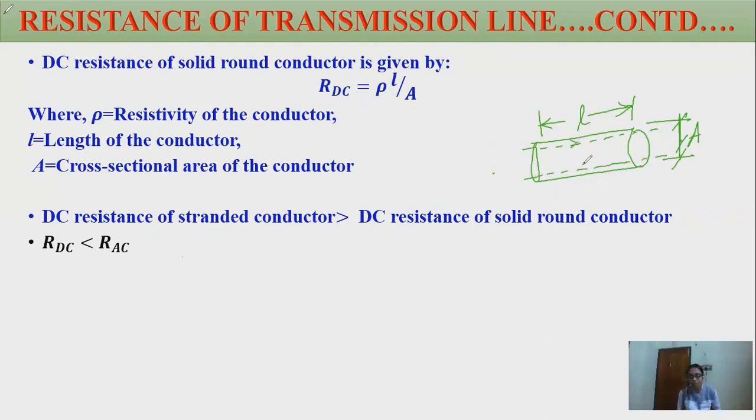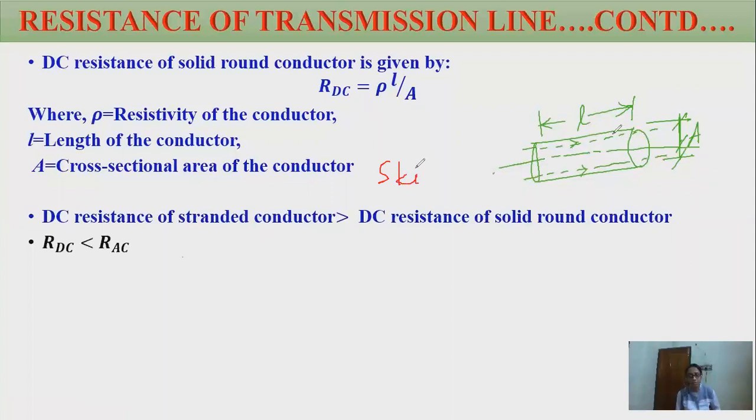If we go towards the center or central axis of the conductor, then the current flowing through the central axis of the conductor will be zero. This effect is called the skin effect. That means the current has a tendency to pass through the surface of the conductor or near the surface of the conductor.